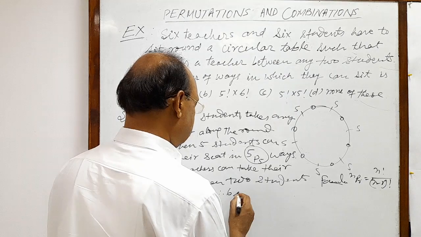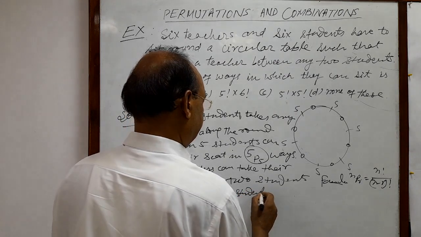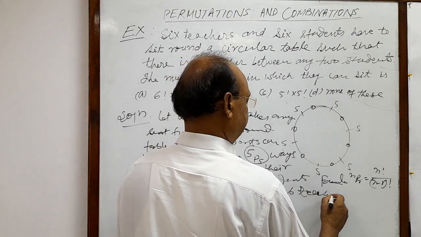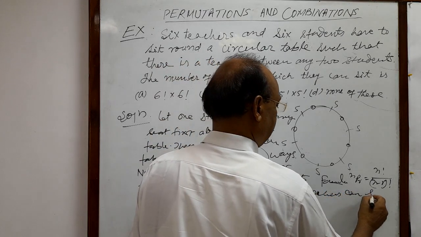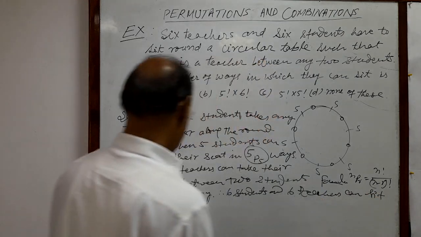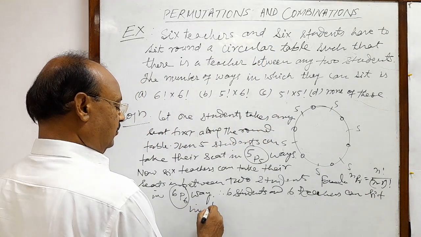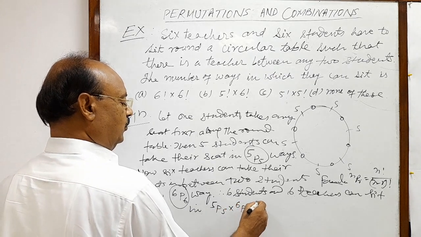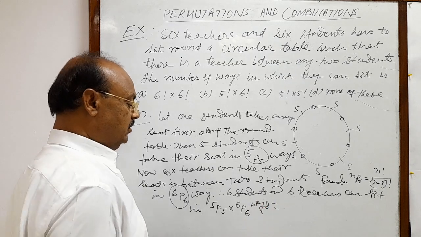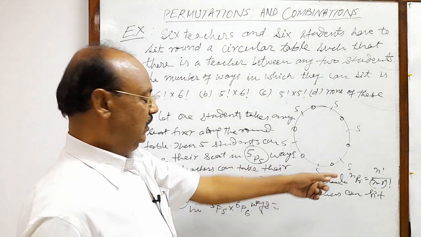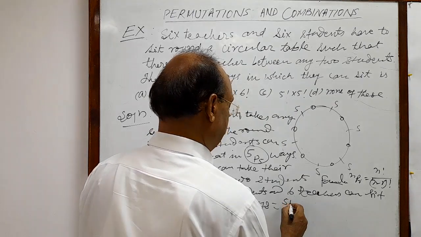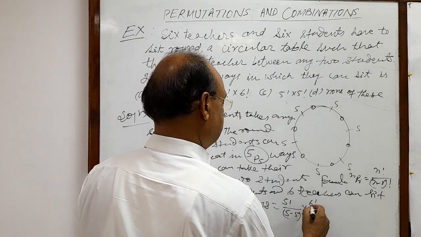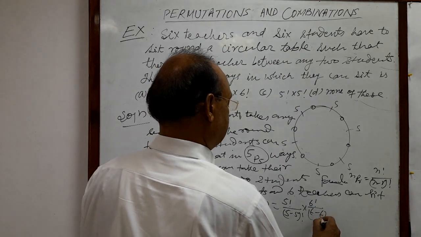Therefore, 6 students and 6 teachers can sit in how many ways? In 5p5 into 6p6 ways. And this is equal to, let us evaluate it by this formula, 5 factorial by 5 minus 5 factorial into 6 factorial by 6 minus 6 factorial.